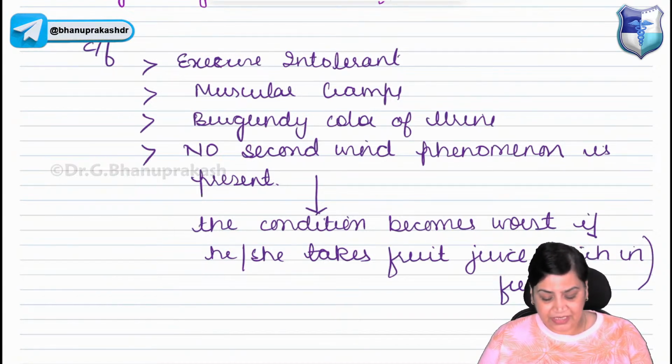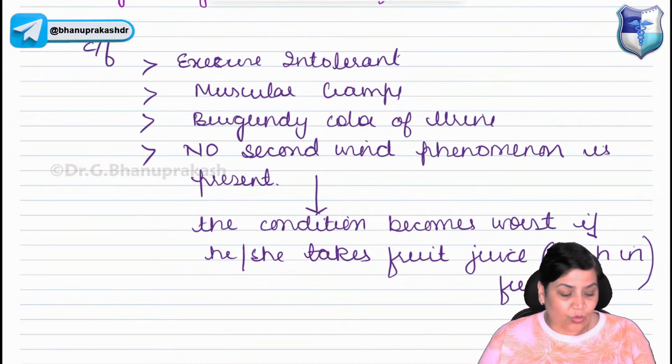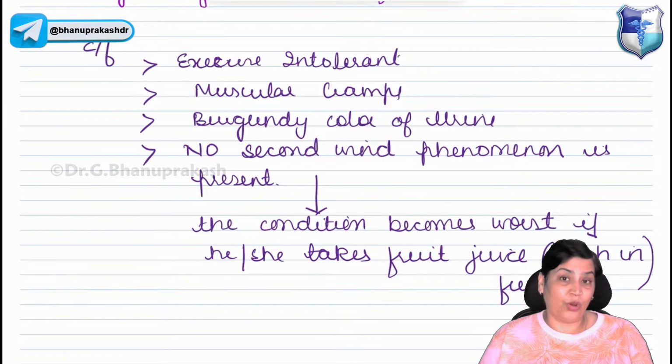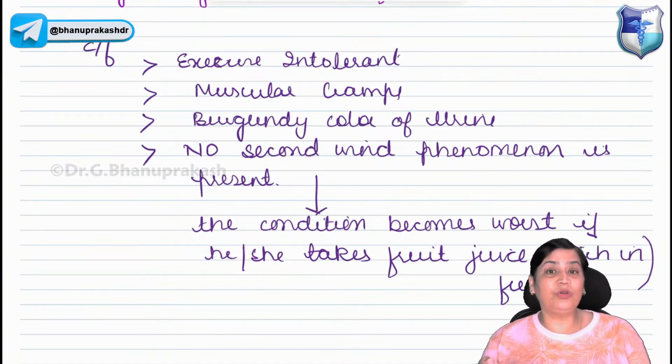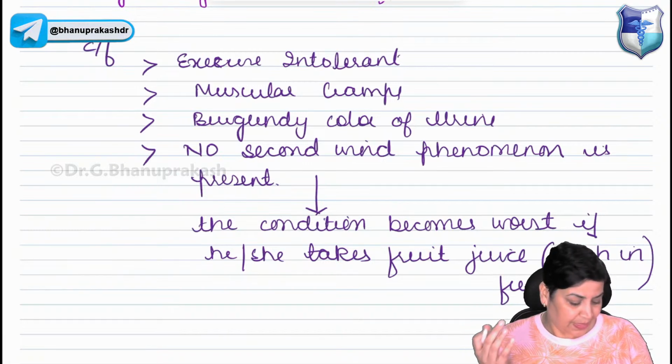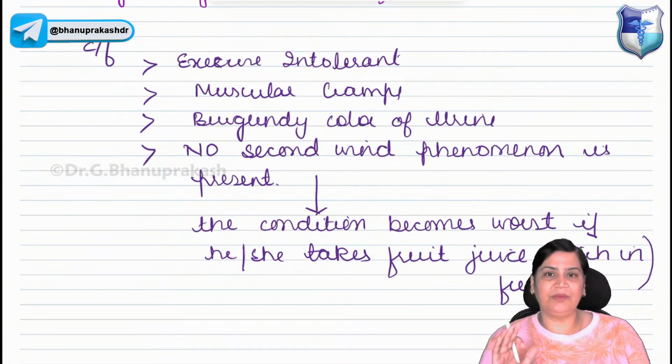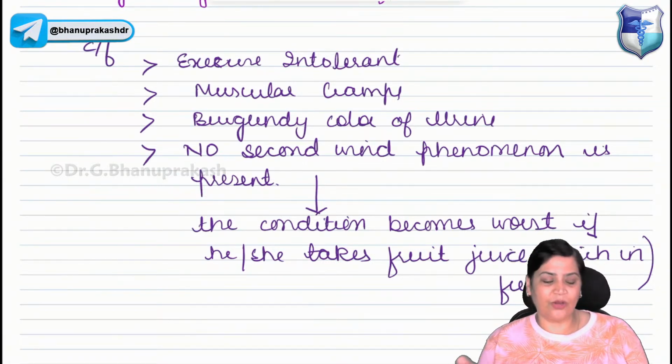In Tarui's disease, there is no second wind phenomenon. And if a person is suffering from muscular cramps and switches over to some fruit drink, the condition becomes worse. Otherwise, the rest of the symptoms will be similar to McArdle's disease.